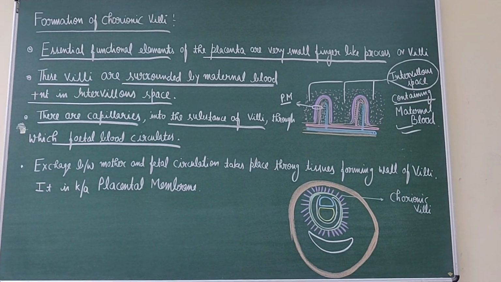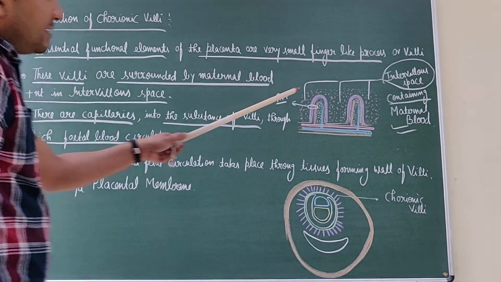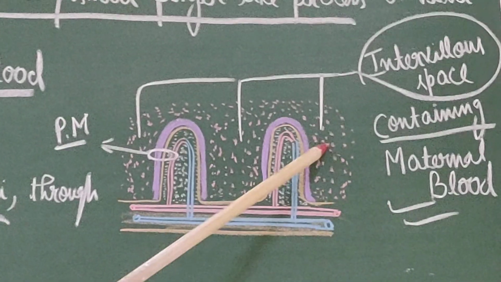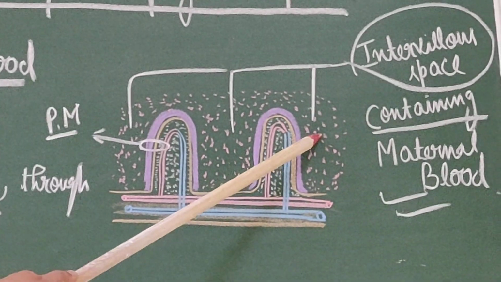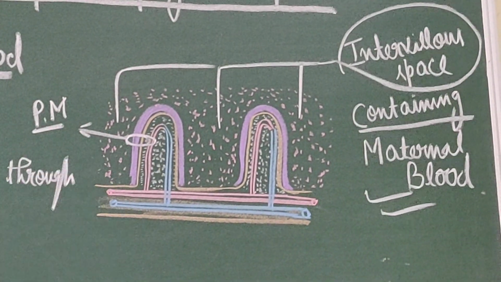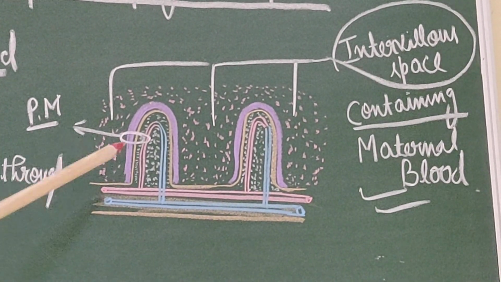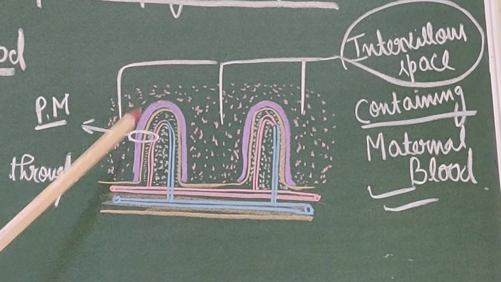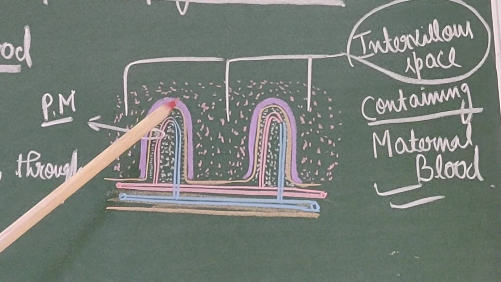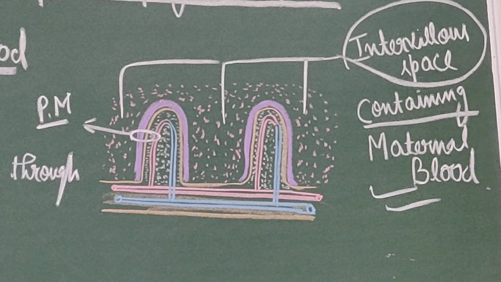Means one point should be clear: maternal blood is present in the intervillous space. This intervillous space is present surrounding the villi, while the fetal blood circulates through the capillaries that are present inside the villi.